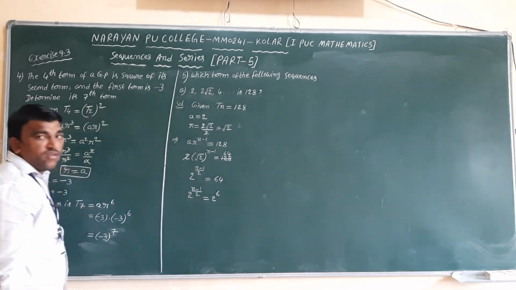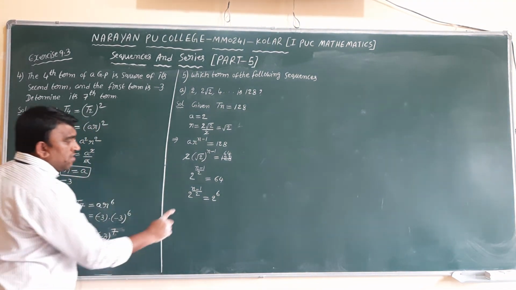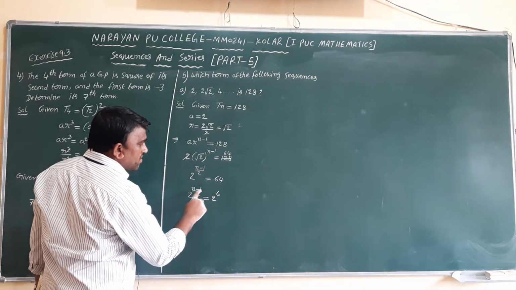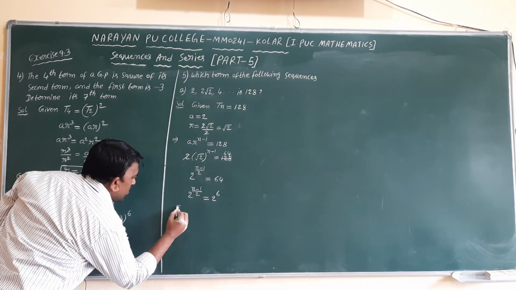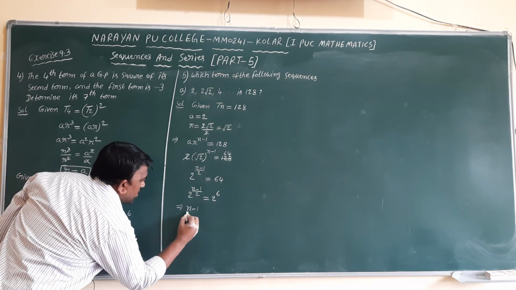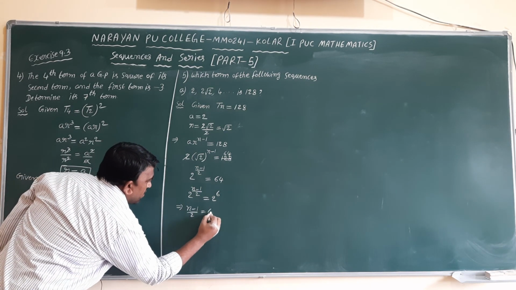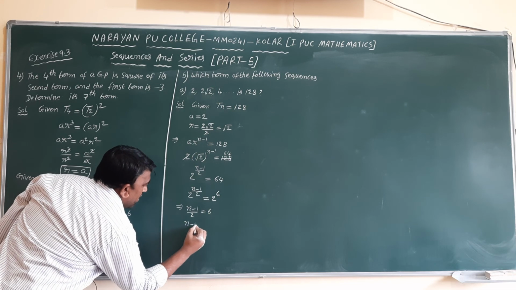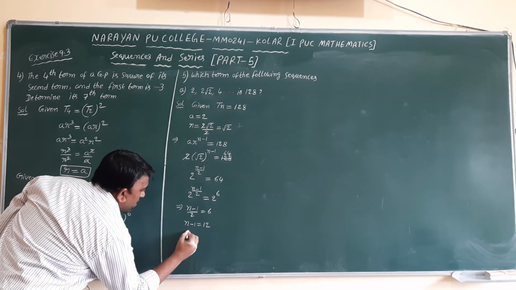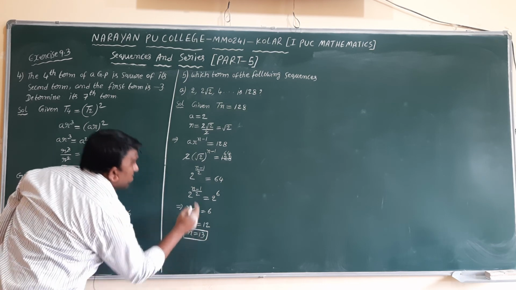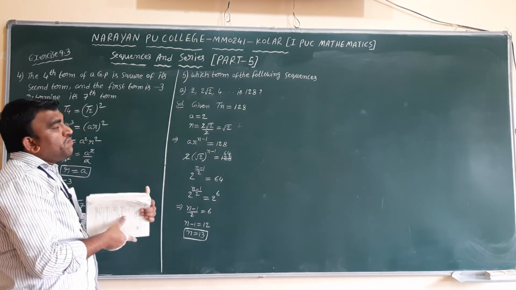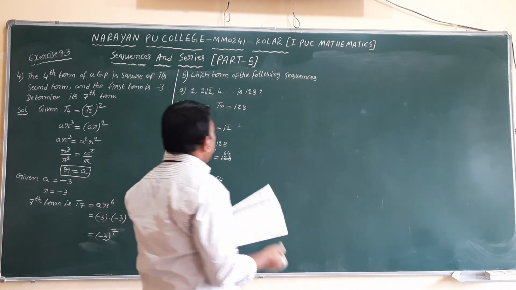Both sides bases are equal, powers also equal. So n minus 1 by 2 equal to 6. N minus 1 equal to 12. N equal to 13. For the 13th term, the GP will give 128.